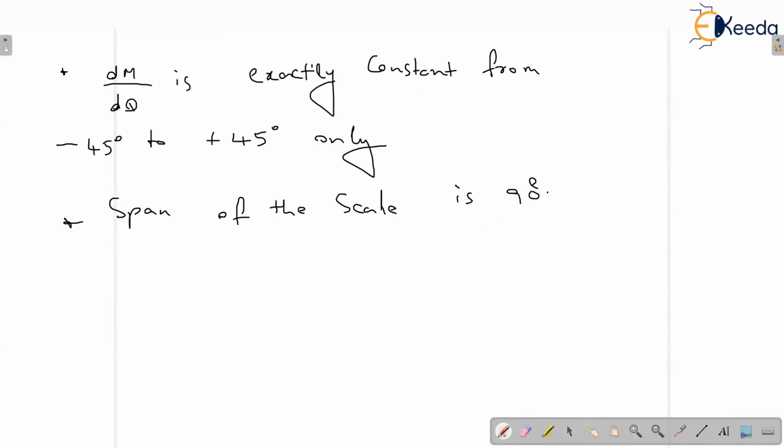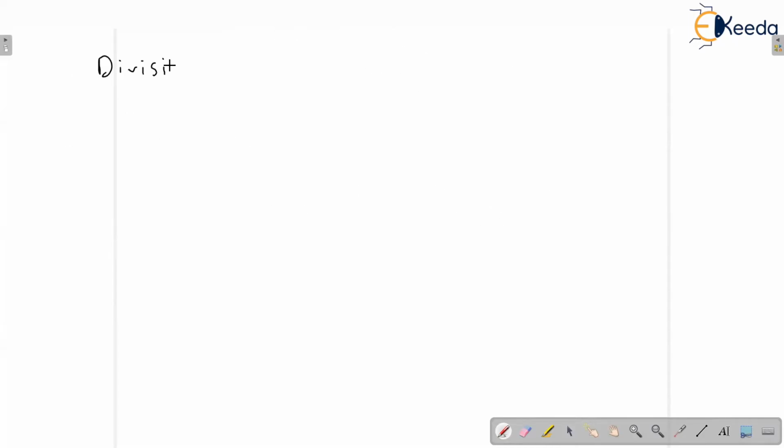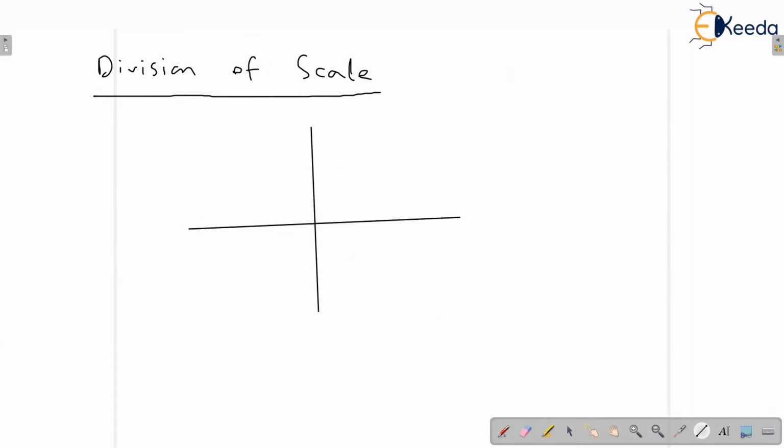The next, division of the scale. So the division of the scale will be like this. This is minus 90, here it has plus 90.